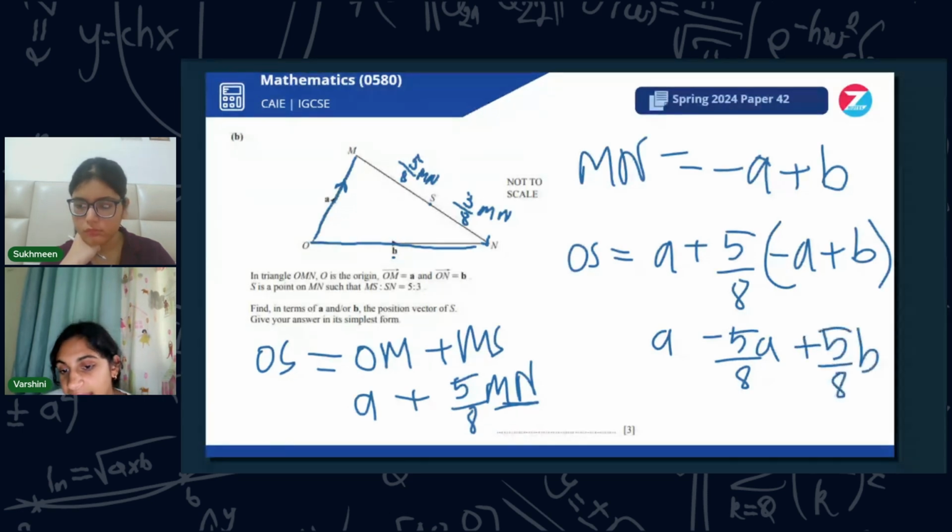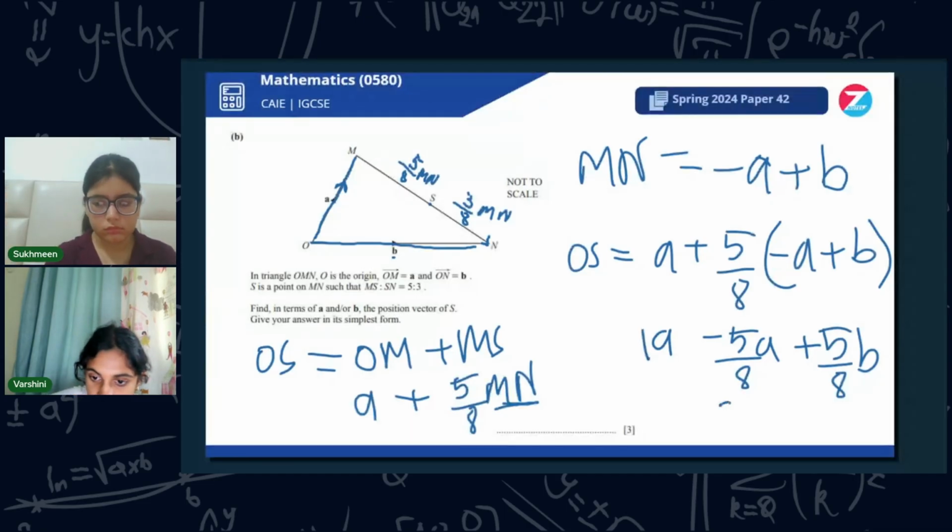So now that we have A minus 5 by 8A, we can simplify this because these are the same terms, A and A. In a sense, all we're doing is 1A minus 5 by 8A. So that will give us 3 by 8A plus 5 by 8B.